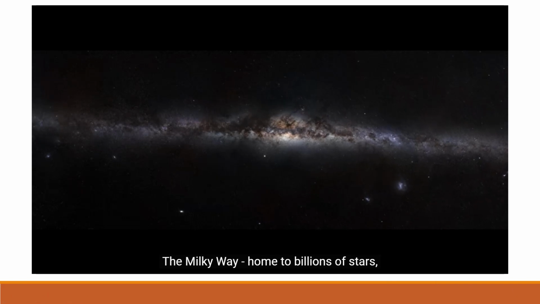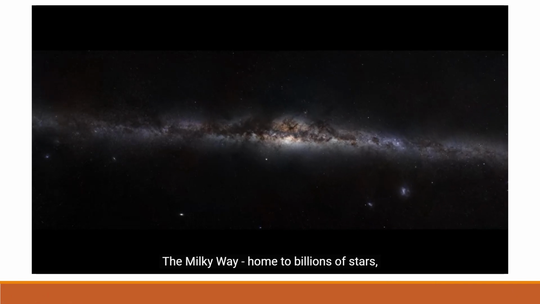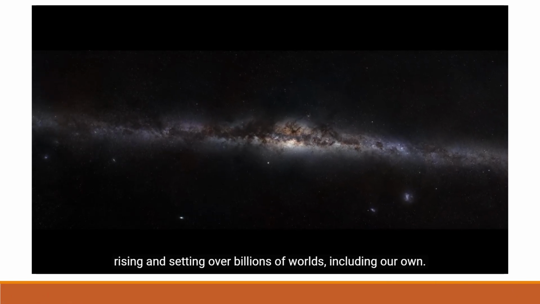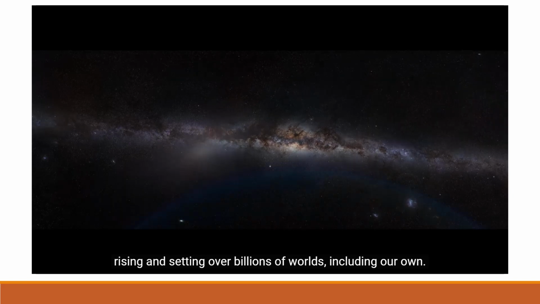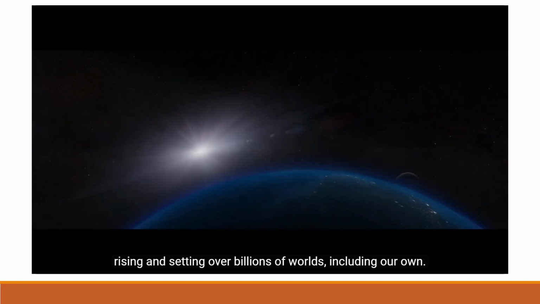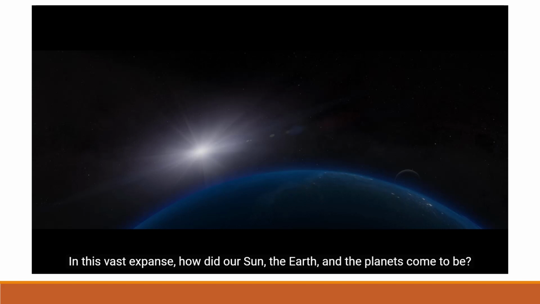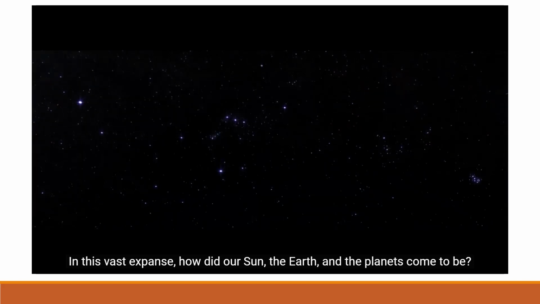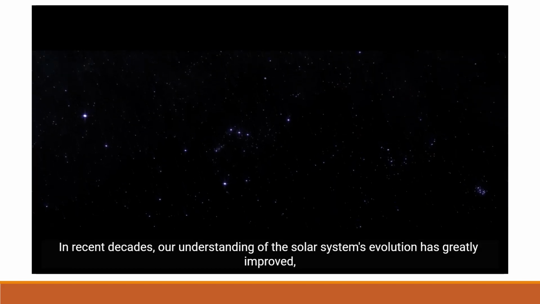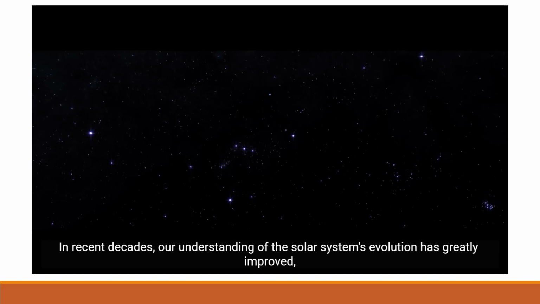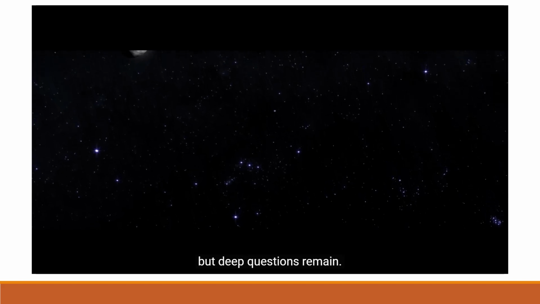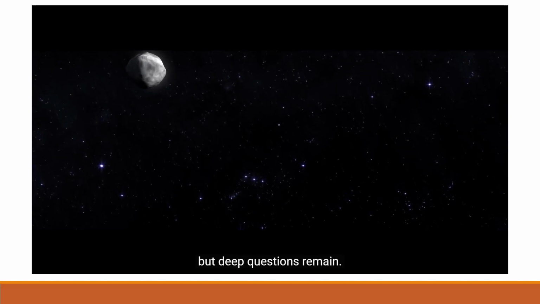The Milky Way, home to billions of stars, rising and setting over billions of worlds, including our own. In this vast expanse, how did our sun, the Earth, and the planets come to be? In recent decades, our understanding of the solar system's evolution has greatly improved, but deep questions remain.